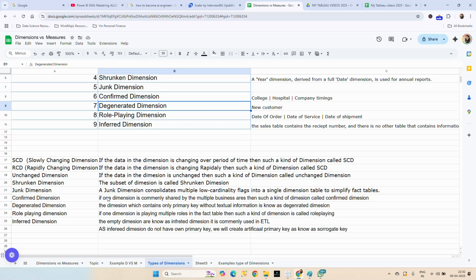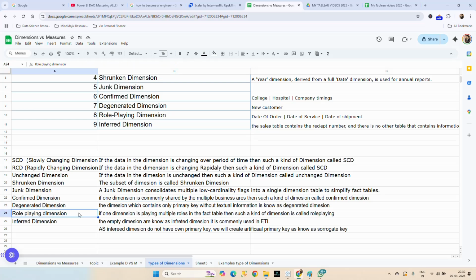A dimension which contains only a primary key without textual information. Here the primary key is the transaction ID, but who the customer is, the customer name, all that textual information is not there, right? So that is a degenerated dimension. I hope you understand this concept also.